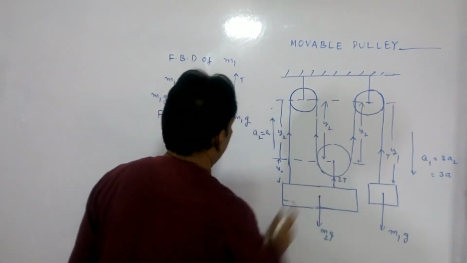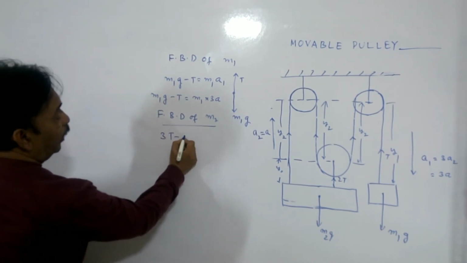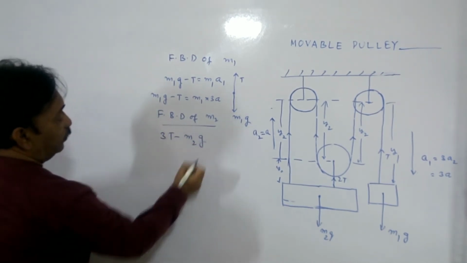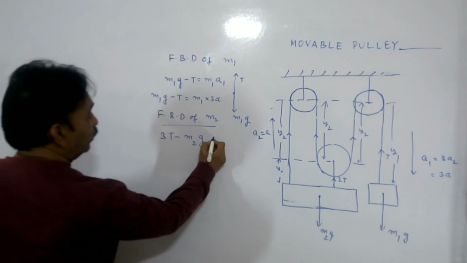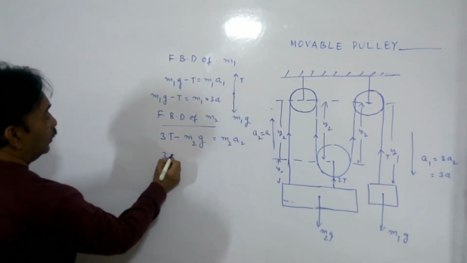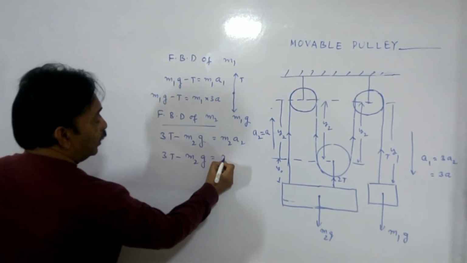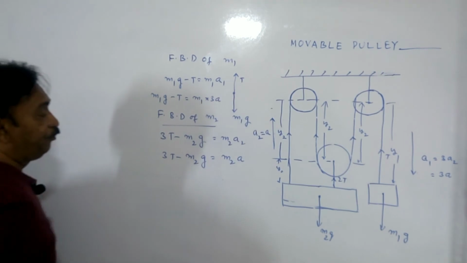T plus T plus T. Okay, students, 3T minus M2G is equal to M2 A2, that is 3T minus M2G is equal to M2A.